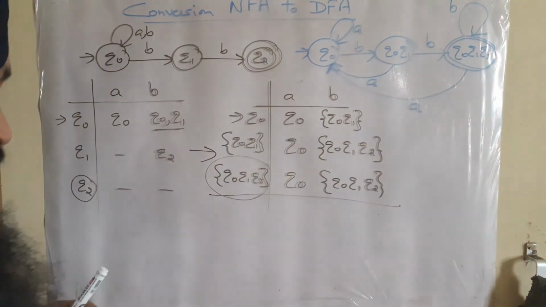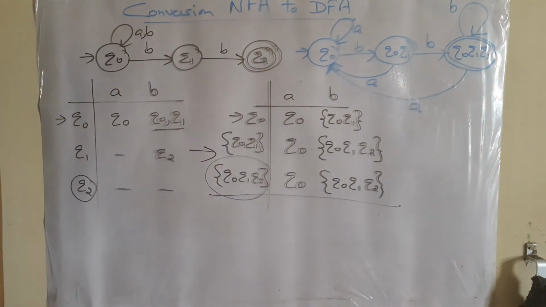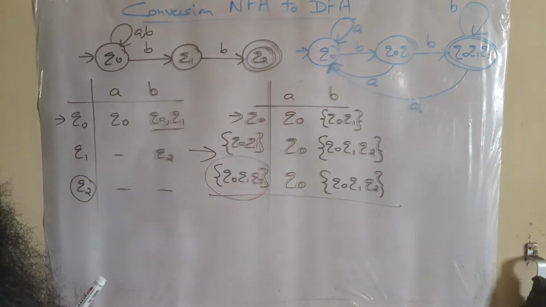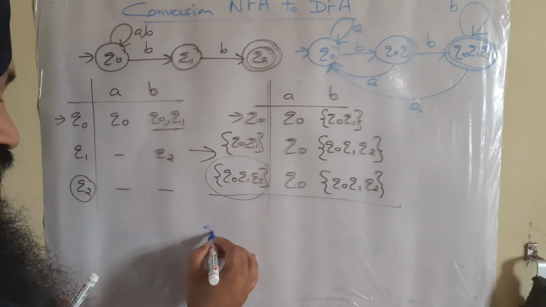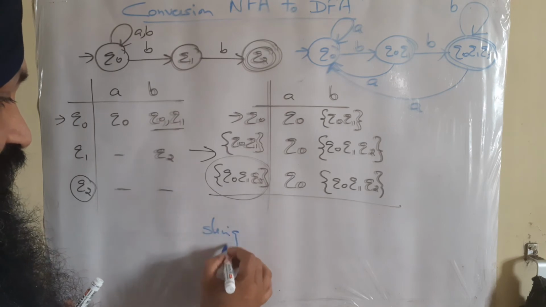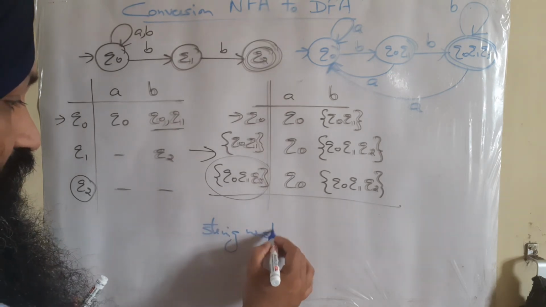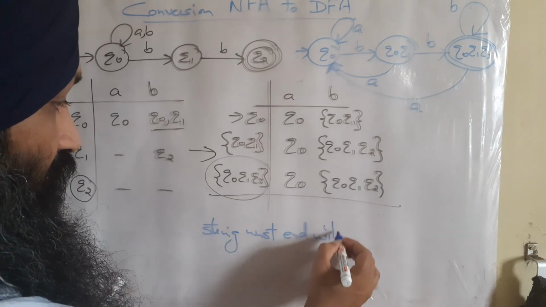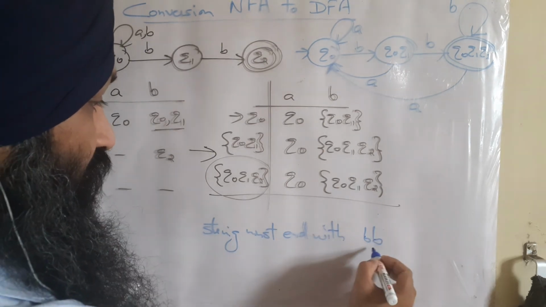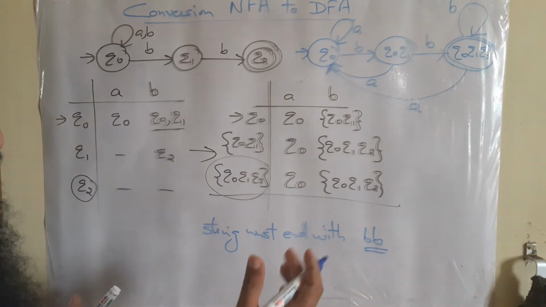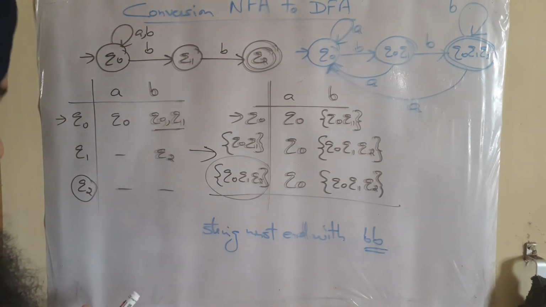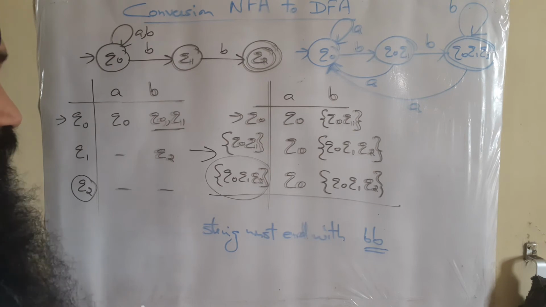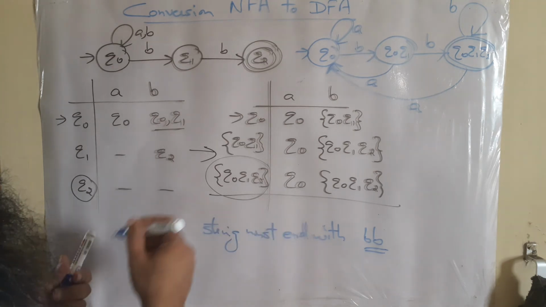So double circle. Now you can compare these two diagrams for the same language, where the string must end with BB, and we also did the same question when designing DFA type questions. So now you can view the difference.